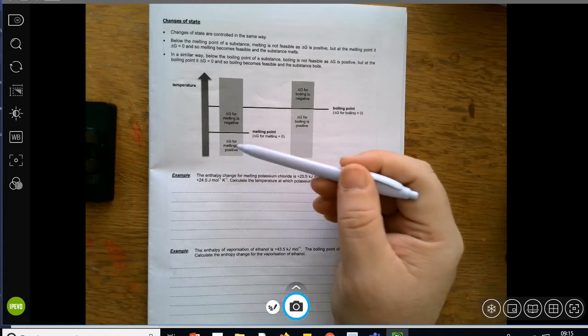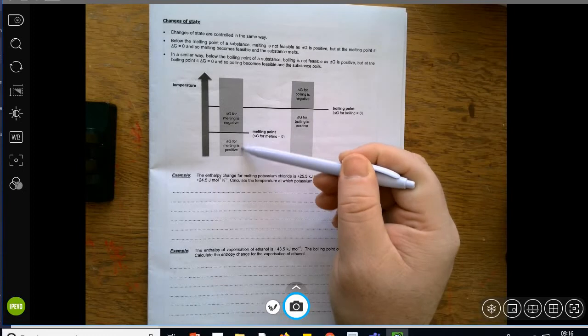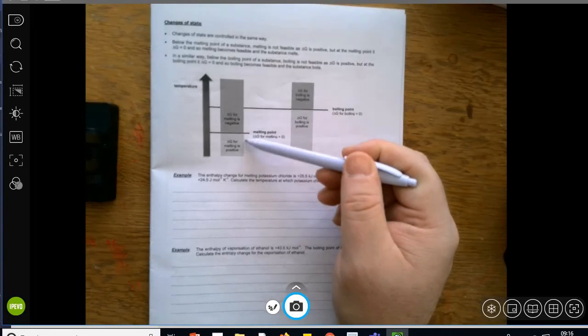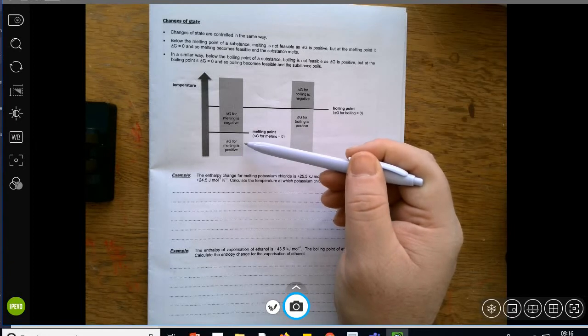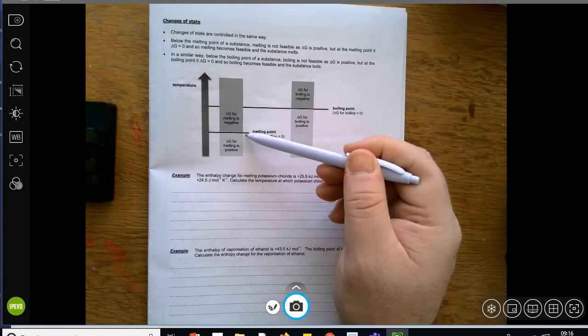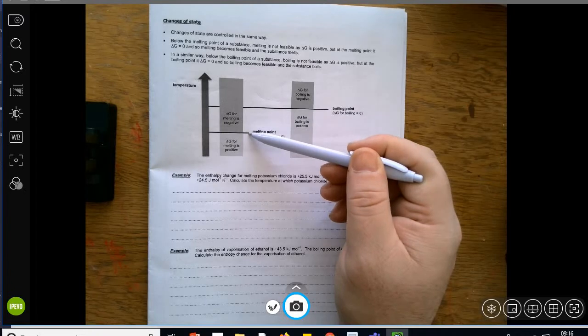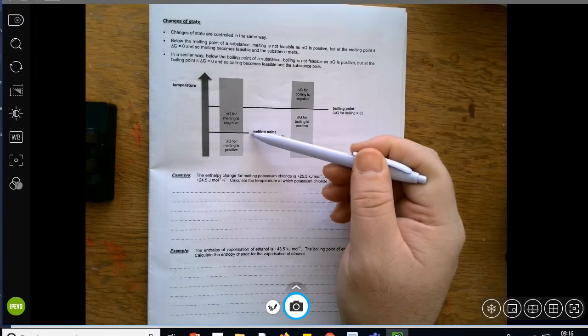Okay, so if we look at this point, if we have a temperature that is lower than its melting point or boiling point, delta G is positive, and therefore it's not feasible. As the temperature rises, we get to a point where delta G, which is equal to H minus T delta S, will then hit 0.